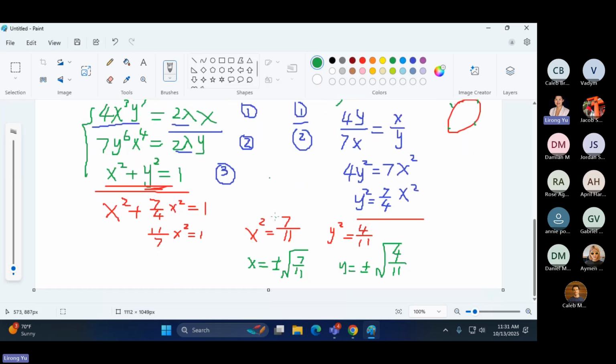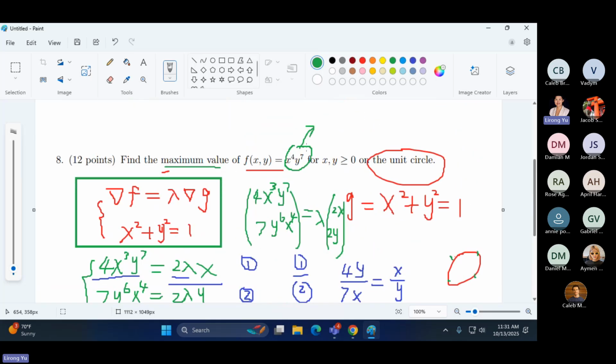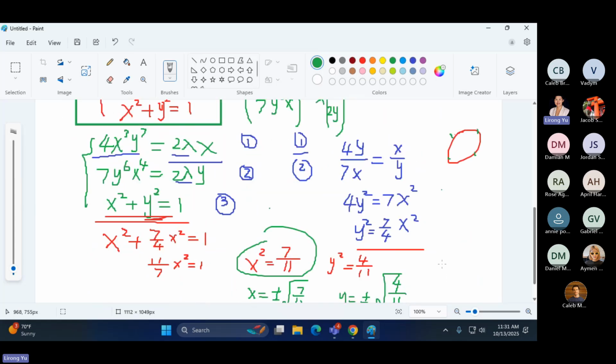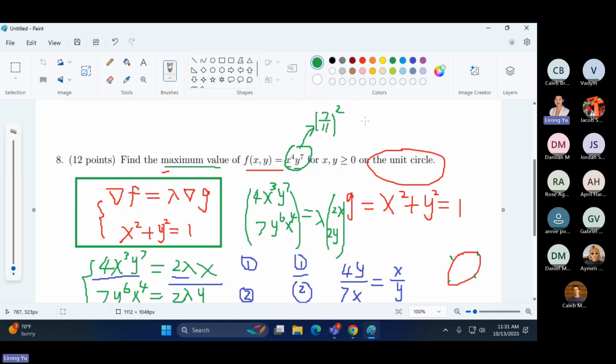Obviously, you can do this immediately. So the x squared is 7/11. The x to the 4th is 7/11 squared. Now y to the 7th power: y squared is 4/11, so y to the 6th power is 4/11 cubed.